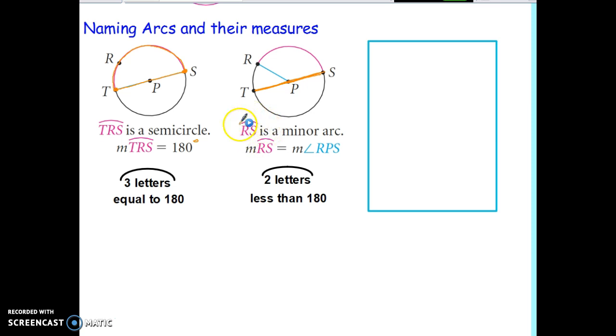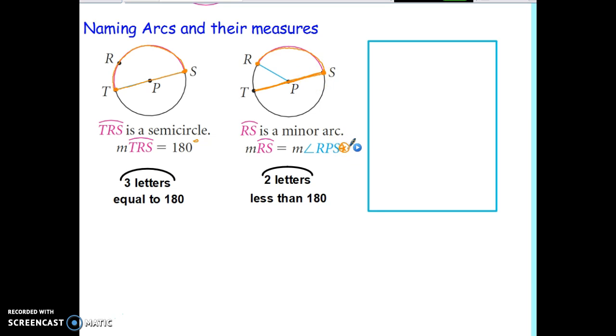It gives you the 2 endpoints for this arc. So in this case, our arc starts at R, and then it goes until S. And we know that it's not going to go in this direction because it has to be less. There's only 2 letters, so we know that it's a minor arc. It has to be less than a semicircle.